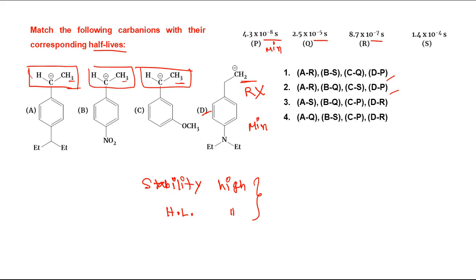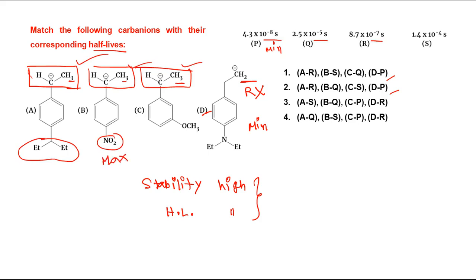Now come to ABC. In ABC, the common part we have already chosen. Next we have this alkyl group at the 4 position, and then we have the NO2 group at the 4 position. So here it can show minus M effect as well as minus I effect. So that is why it should have maximum stability.